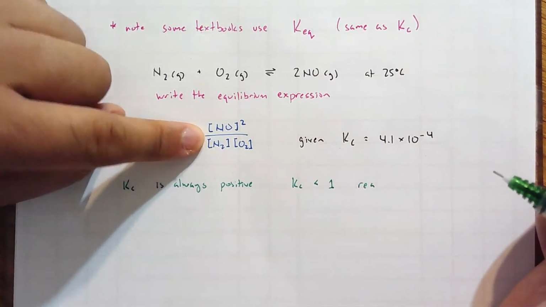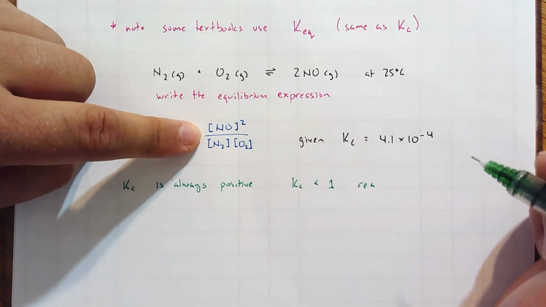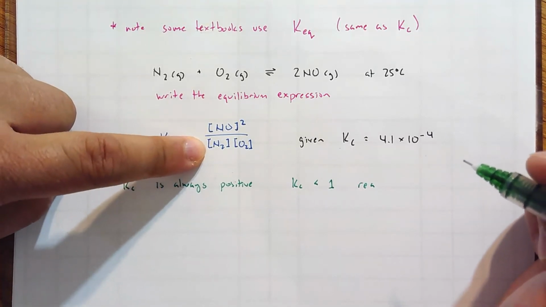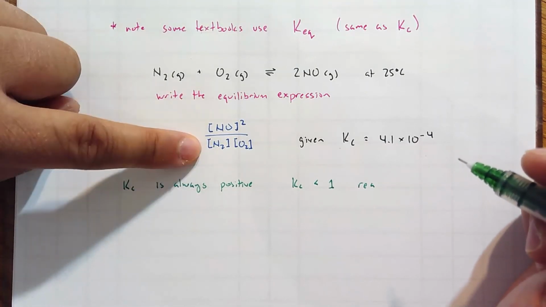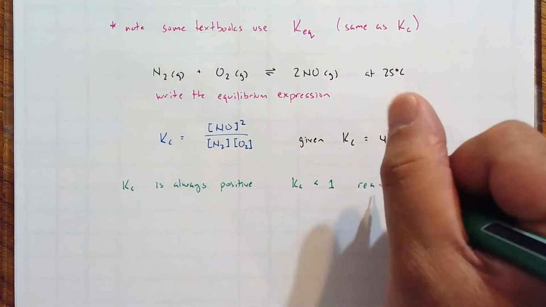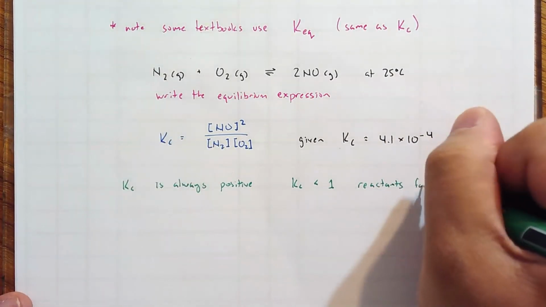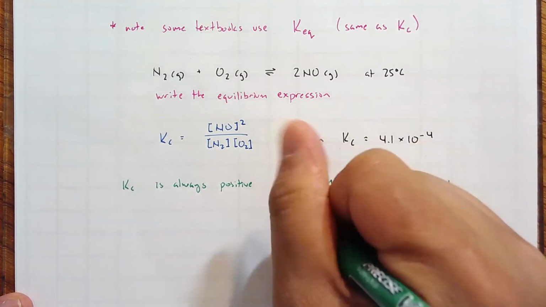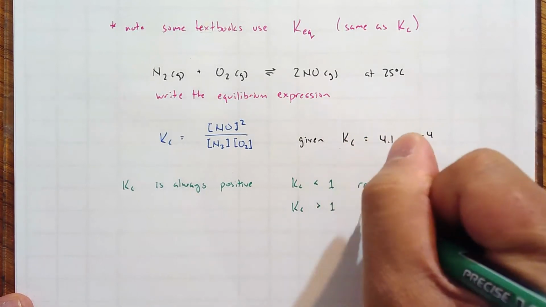Because this ratio is less than 1, that means that the denominator, the product of these two, is going to be larger than the numerator. And so in general, the reactants are favored. If Kc is greater than 1, products are favored.